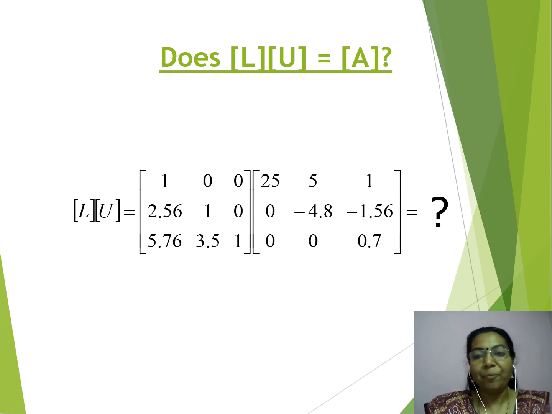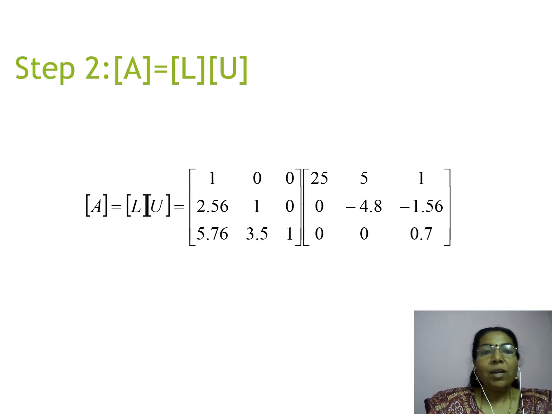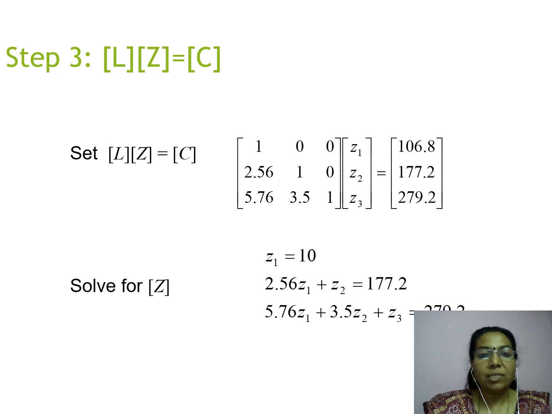Now we come to step 2. Step 2 is just decomposing the matrix A into L and U, so I have substituted the values of L and U here. The next is step 3.